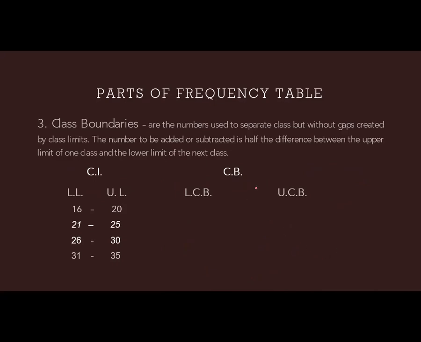So again, this is what we call class boundaries. Our class boundaries can be determined by adding or subtracting half of the difference between the upper limit of one class and the lower limit of the next class.